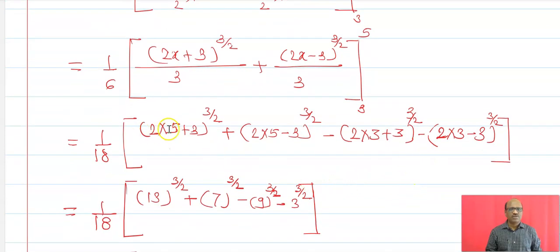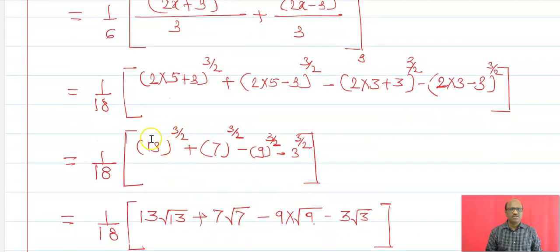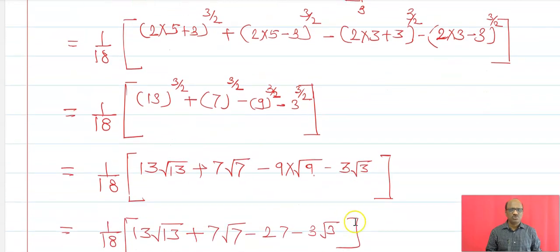That is 2 into 5, that is 10 plus 3, that is 13 raised to 3 by 2, plus 7 raised to 3 by 2, minus, that is 6 plus 3, that is 9, 9 raised to 3 by 2, minus 3 raised to 3 by 2. What about here? 13 raised to 3 by 2 means 13 into root 13. 7 raised to 3 by 2 is 7 root 7. 9 raised to 3 by 2 means 9 into root 9, and 3 raised to 3 by 2 means 3 into root 3.